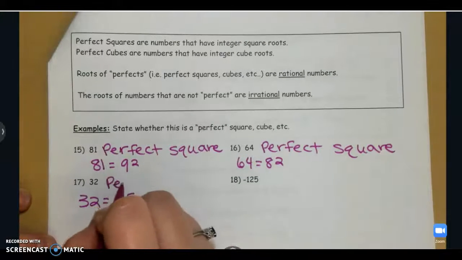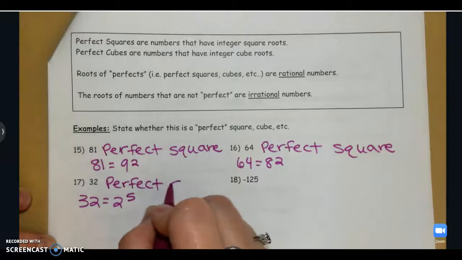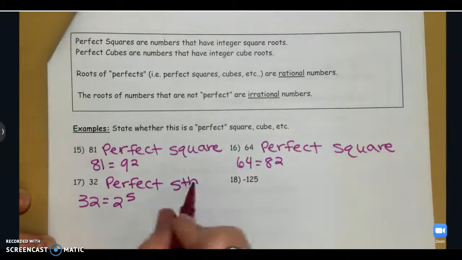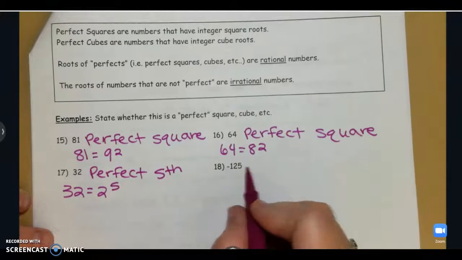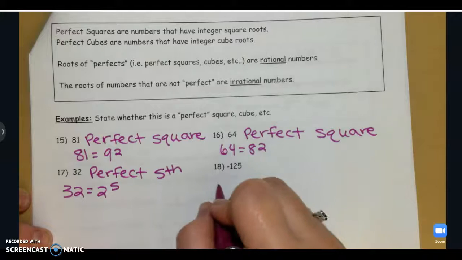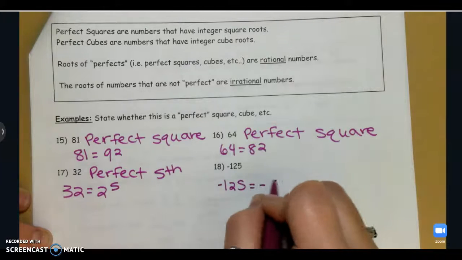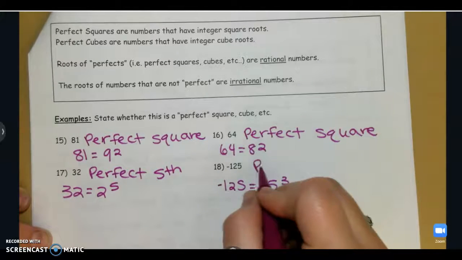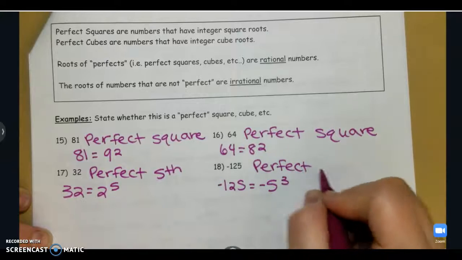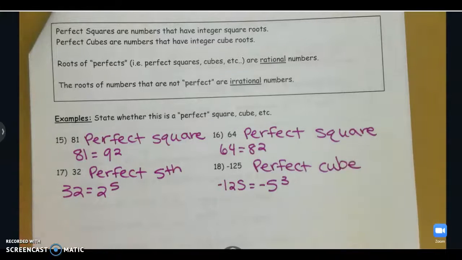So that is a perfect fifth. Then negative 125, that is actually going to be negative 5 to the 3rd power, so this is a perfect cube. And that is going to wrap up our day 1 notes of rational exponents.